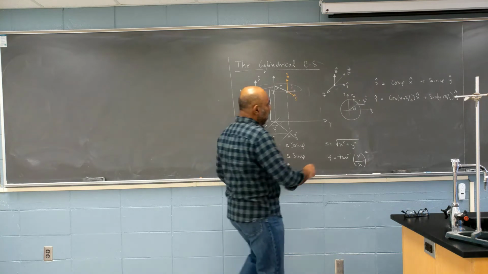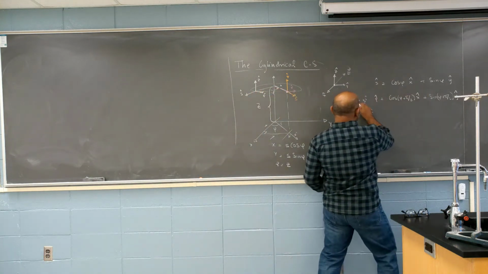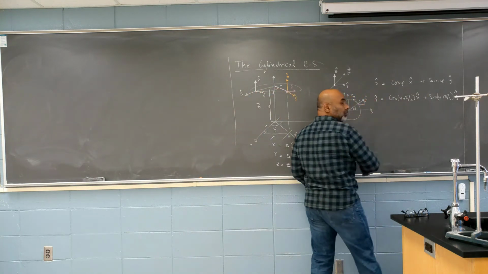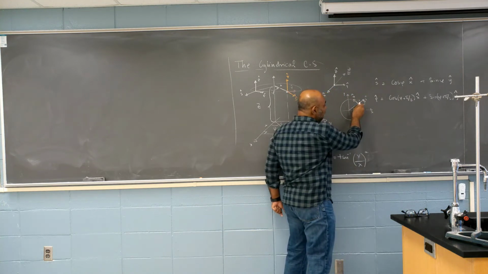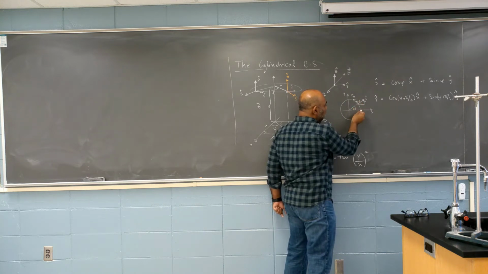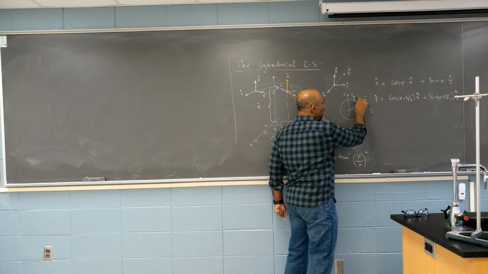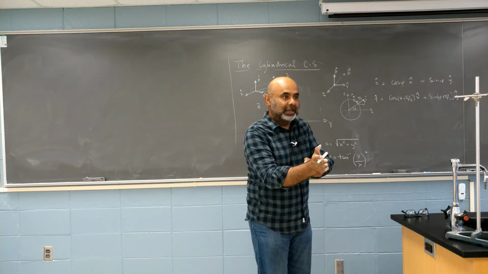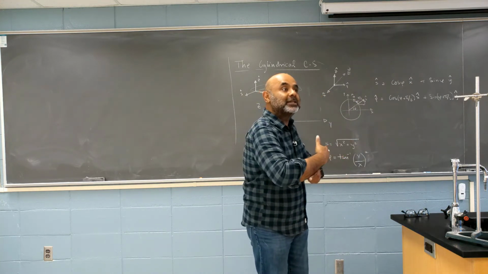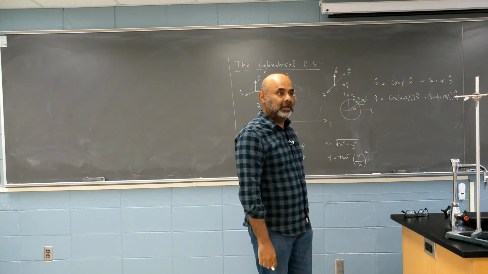Right. So this is my s hat, and this is my phi hat. It is exactly the s hat vector that has been rotated by an additional angle of pi over 2, because they're orthogonal, they're 90 degrees apart. Yeah?